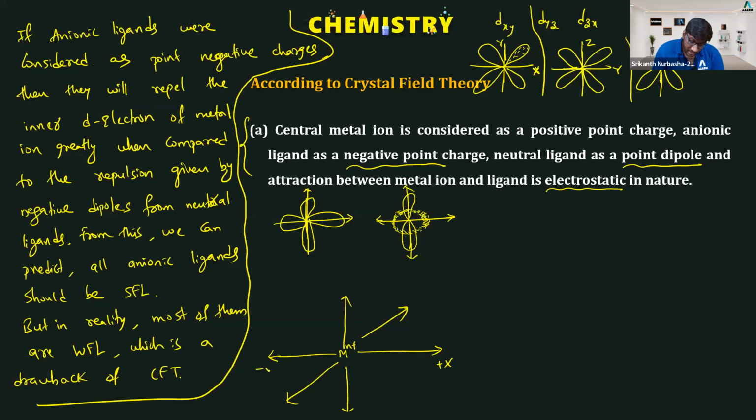Now consider ligands approaching from the plus x, minus x, plus y, minus y, plus z, minus z directions. So ligands are approaching from 6 directions: along the x-axis, plus x, minus x; along the y-axis, from the top and bottom; along the z-axis, towards my side and towards your side.